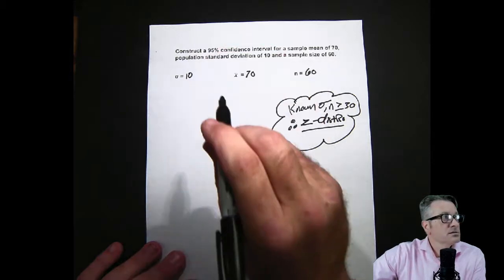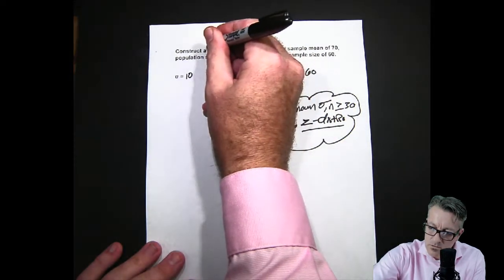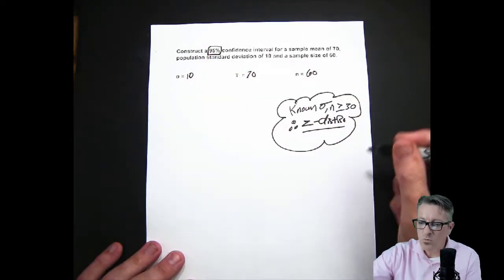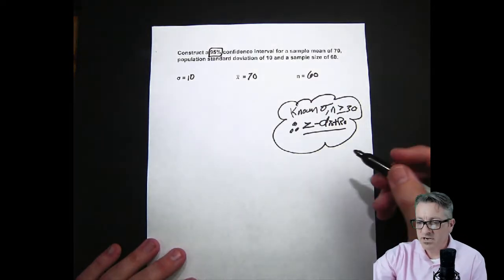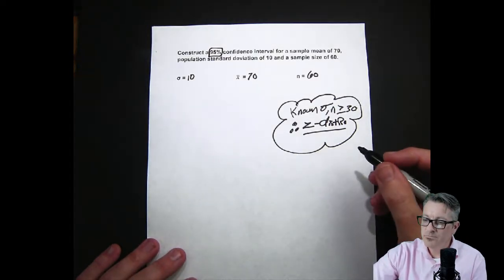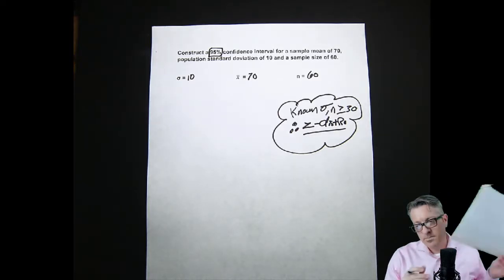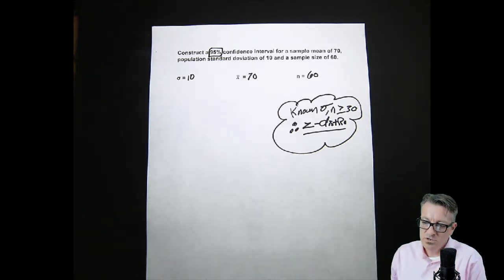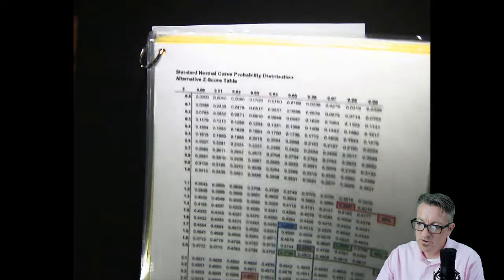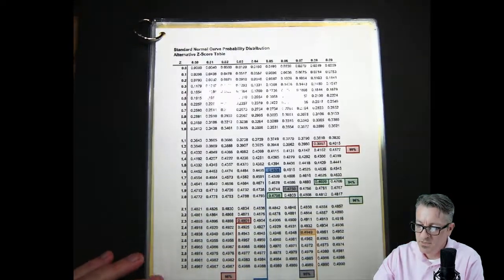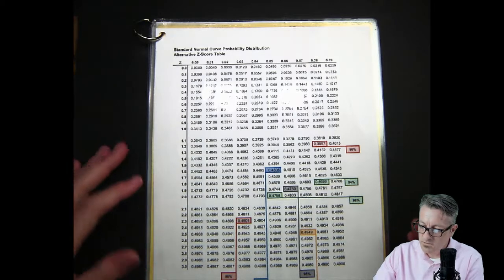So the next thing is we need to figure out what the value is for the 95% confidence interval. It's a pretty common value. So we go to our table. This is an alternative z-score table. It's not cumulative. It's essentially one side.